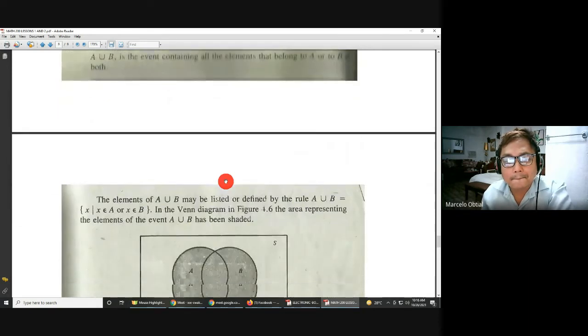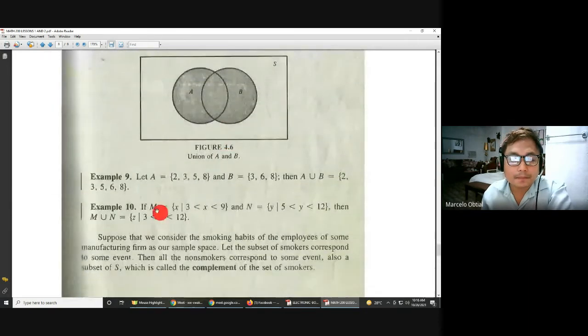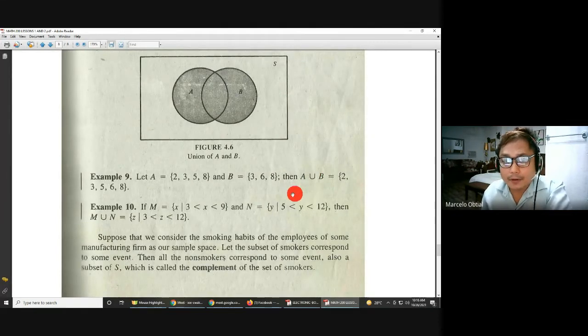No? Example. Okay, given yung event A, 2, 3, 5, at saka 8. Then event B, 3, 6, 8. You'll be asked, union, that is U, ha? Okay? Huwag kayong ma-confuse sa intersection. Intersection is inverted U. Okay? Union, U. The instruction is that you just need to combine all the elements. Okay, combine natin.